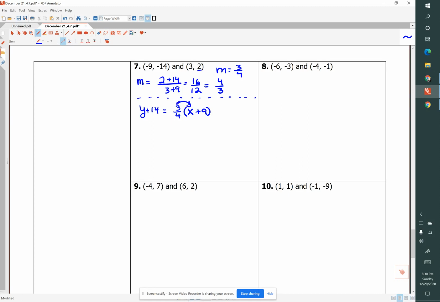And we distribute first. y plus 14 equals 3/4 x. 4/3. I keep writing 3/4. Let me fix that. It's 4/3. Sorry about that.